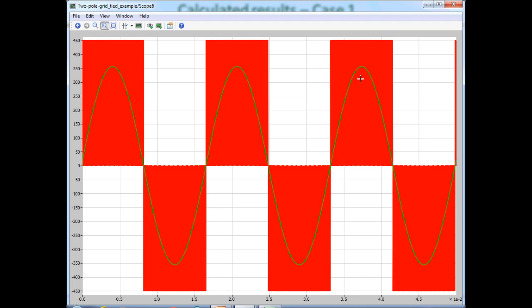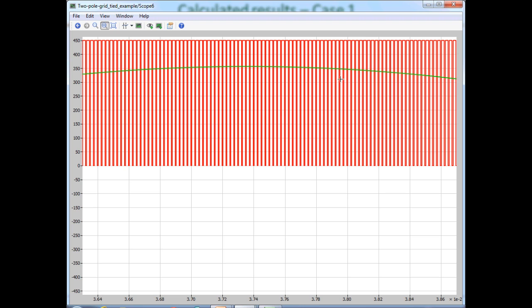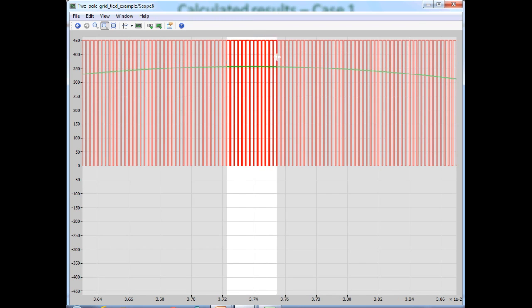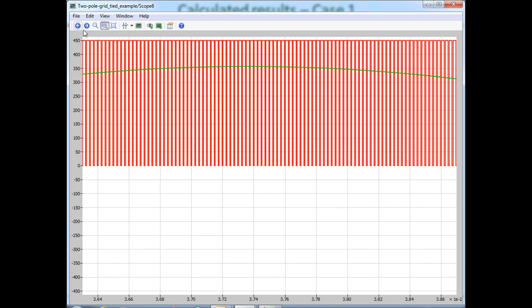So that verifies it. Now if I zoom in somewhere near the positive peak of this VAB waveform, zoom in further here, you can clearly see the switching pulses. The red waveform is switching between 450, which is our DC link voltage VD, and 0 in the positive half cycle. If I go to some negative half cycle, it takes some time.